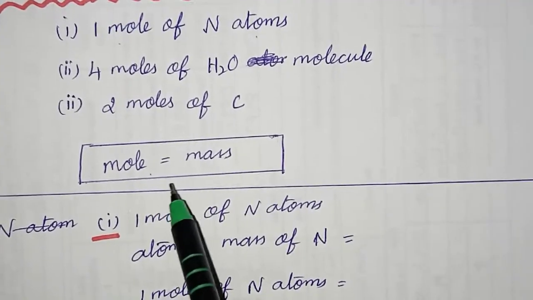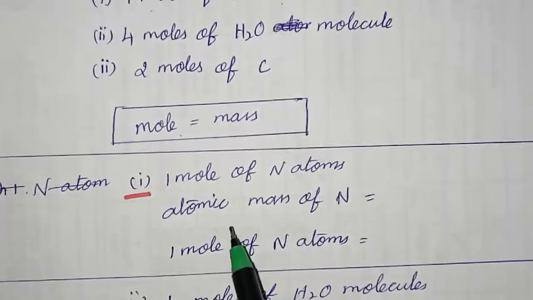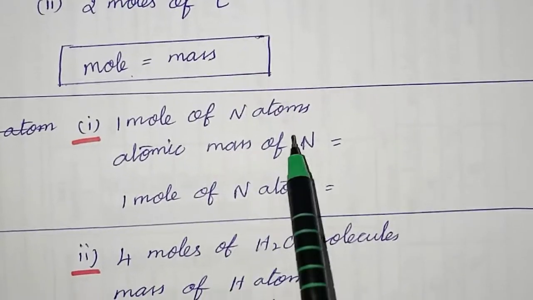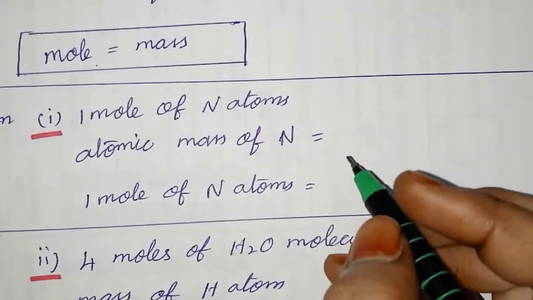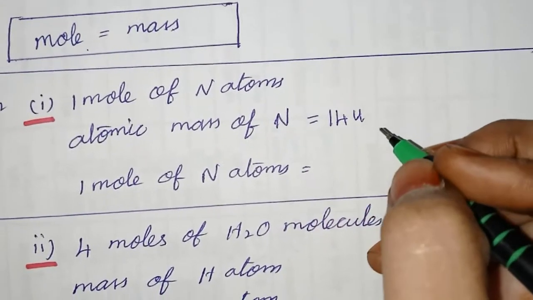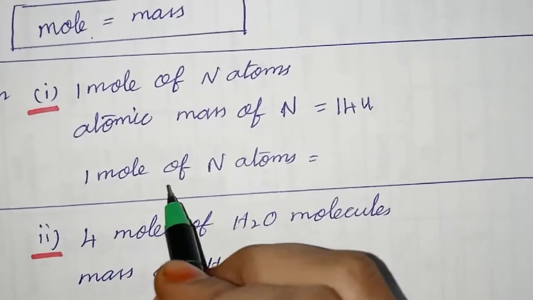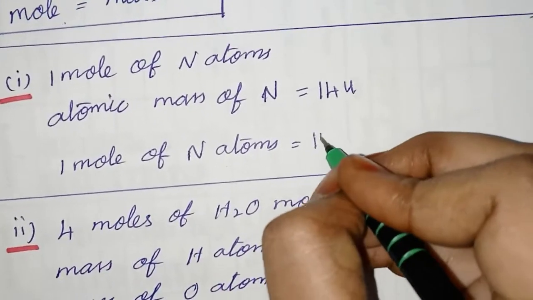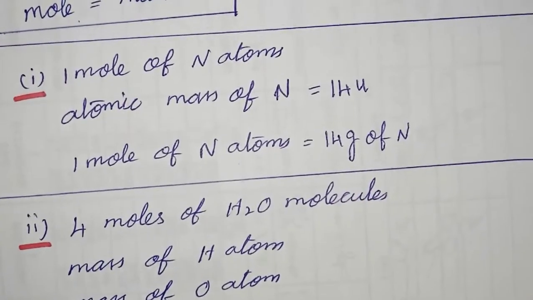In an atom, 1 mole is equal to atomic mass in grams. First, 1 mole of nitrogen atoms. The mass of nitrogen is 14U. So atomic mass expressed in grams is known as 1 mole. So 1 mole of nitrogen atoms is equal to 14 grams of nitrogen.